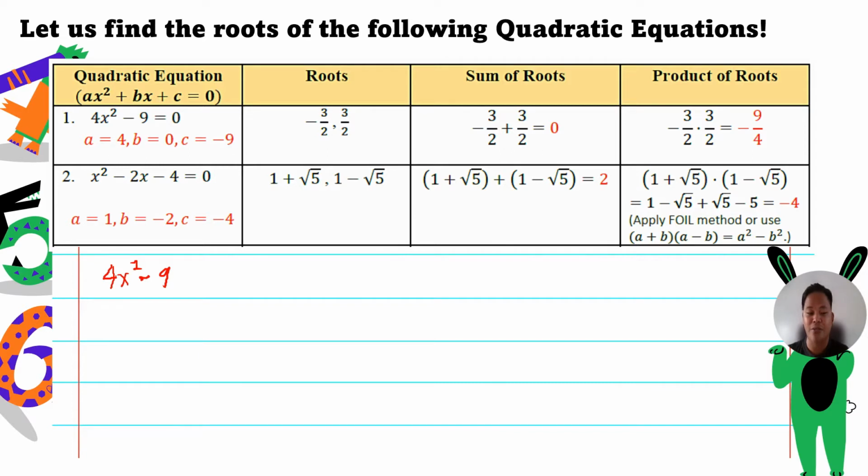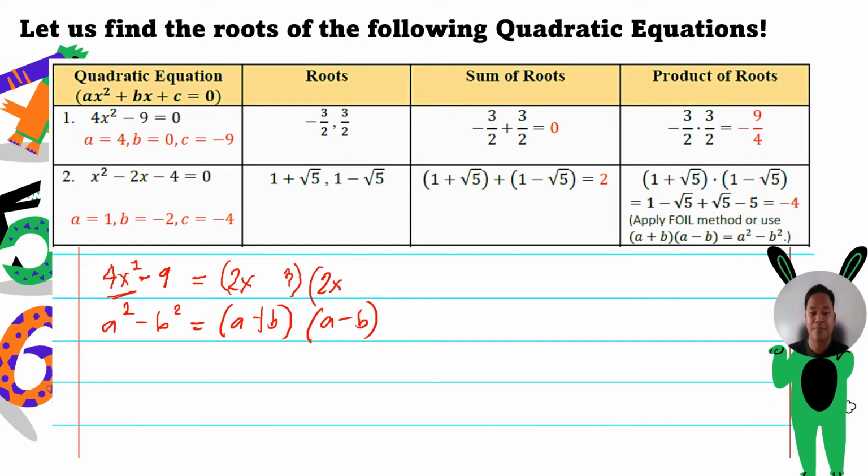If we are going to factor difference of two squares, we have a squared minus b squared is equal to a plus b times a minus b, or the sum and the difference of binomial. So if we're going to factor 4x squared minus 9, we're going to take the square root of 4x squared, so we have 2x, the square root of 9 is 3, and represent the factors as a sum and difference.